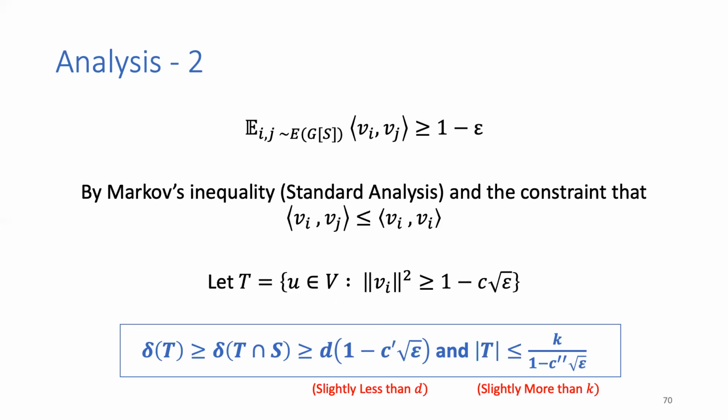So the average degree of T is slightly less than d, and the size is slightly more than k. But it turns out that this is not a major issue and you can fix it, where c prime and c double prime are some universal constants.